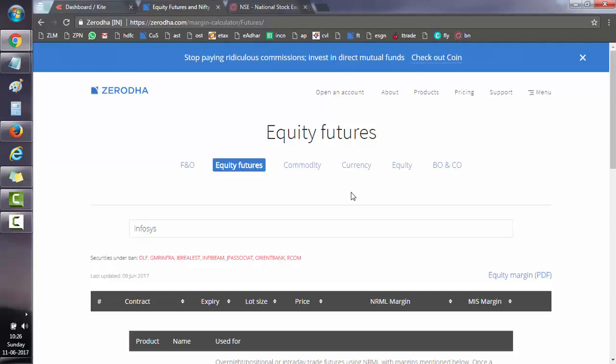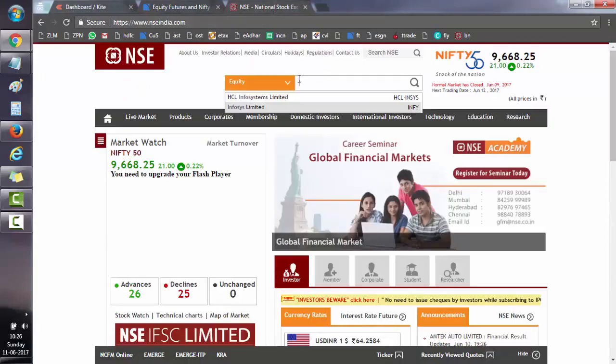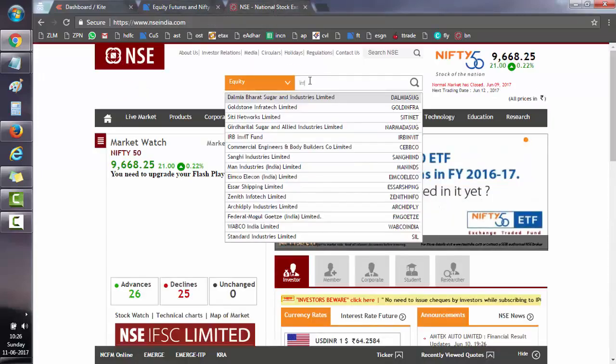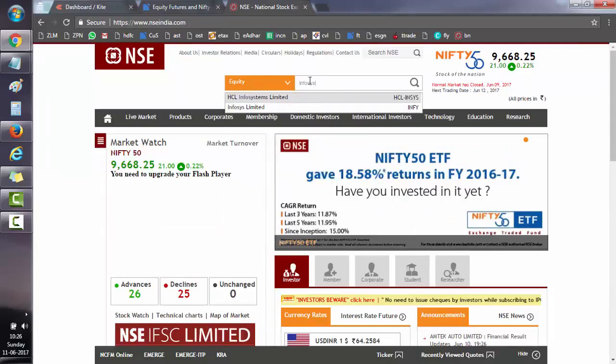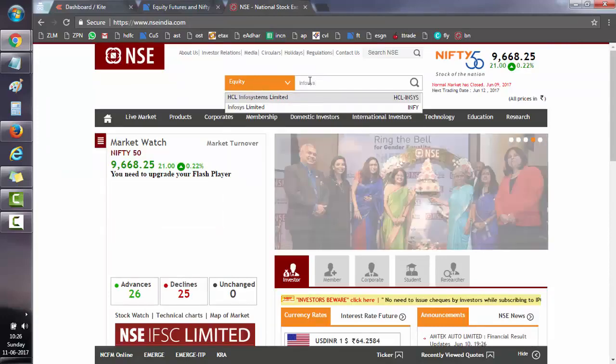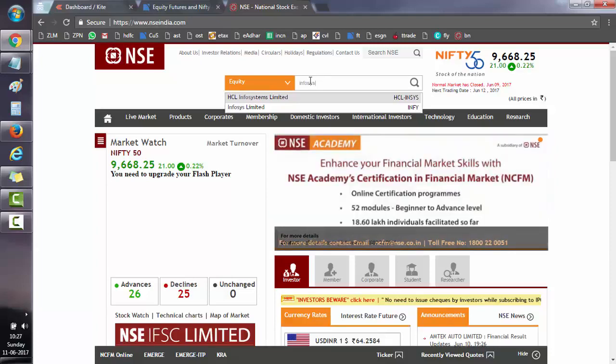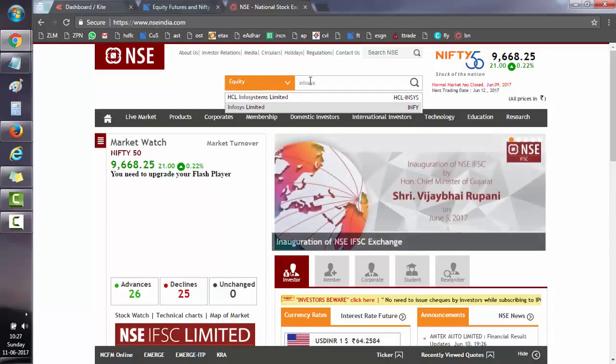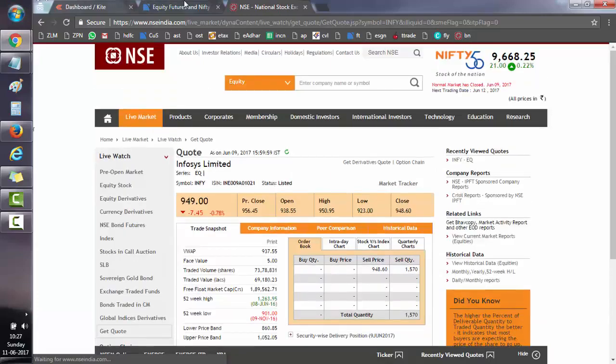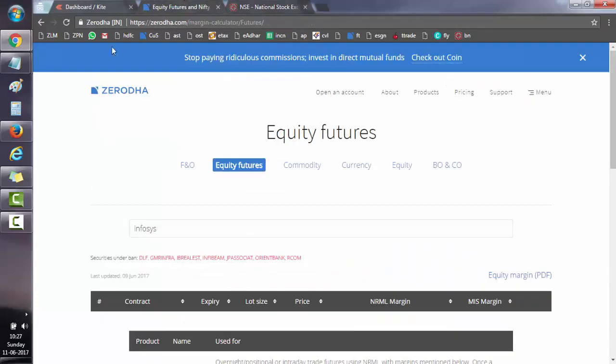So if you are a beginner, how will you understand the trading symbol of a particular stock or particular contract? Just go to nseindia.com and type Infosys. You'll be able to see that there is HCL Info Systems Limited and there is Infosys Limited INFY. So you can just select Infosys and click on INFY, and you'll be able to get the details of that particular script.